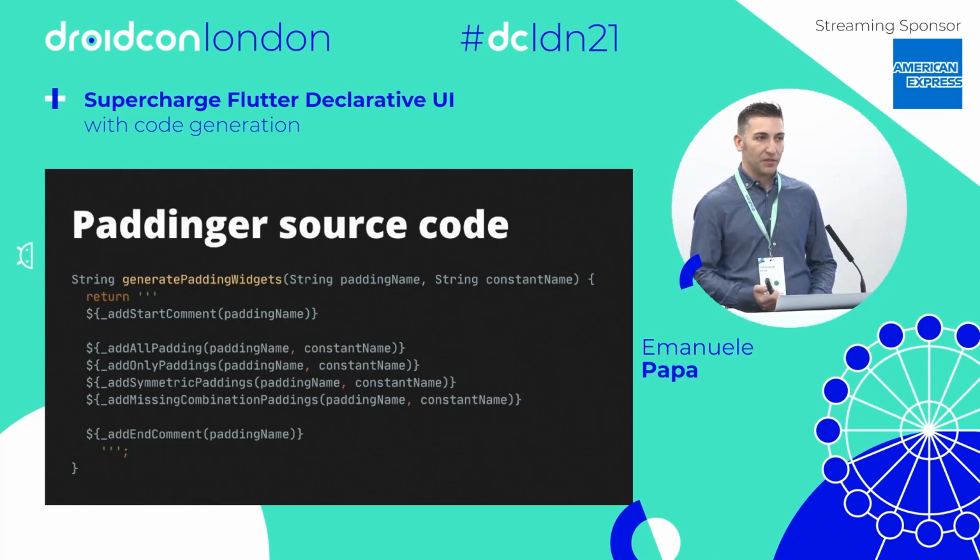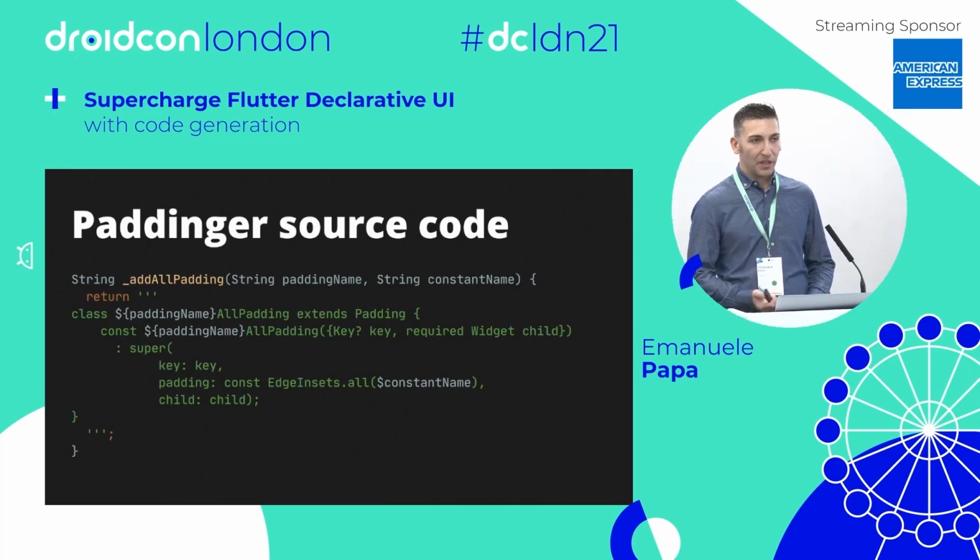So let's see one of these examples. I'll start with add all padding, which is the most simple one. Add all padding just uses the code we saw before, but as a template. So here, for each padding we have in our design system, this code will return the source code for the widgets.